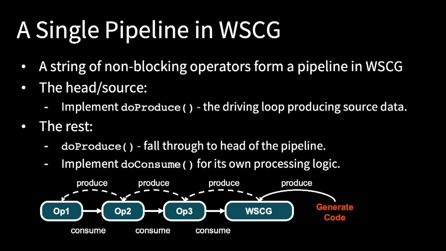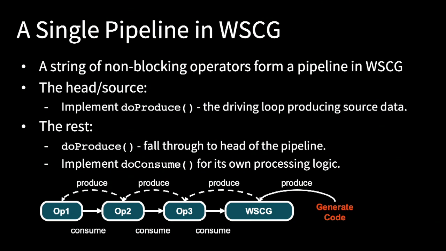Thus, they will not implement their own produce method, but instead they implement their row-level processing logic in the consume method. If we look at the call flow on the bottom here, the code generation starts by calling the produce method of the final node, which is the whole stage codegen node itself, and then it falls all the way through to the source node.